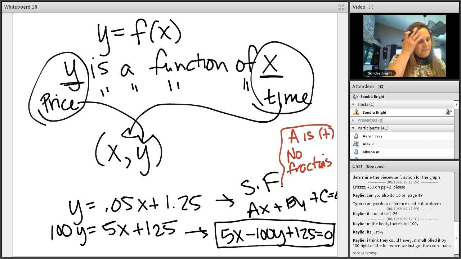Yeah, what they did was they got rid of the decimals immediately, versus I did not. I kept the decimals. I think either answer should be fine.